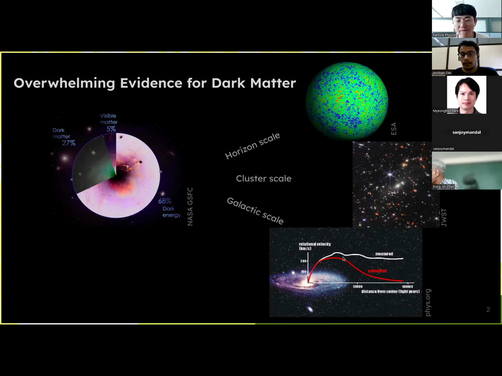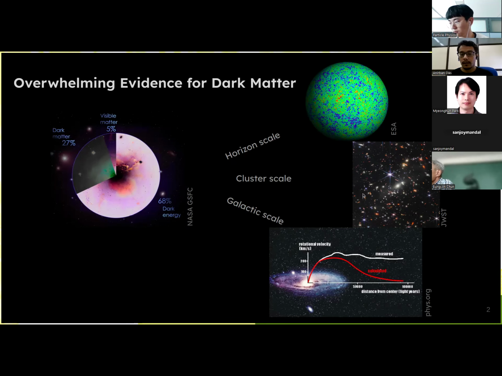But from observation, we see a very different curve. The curve saturates to a constant value at large distance. So this means there is a missing mass. More gravitating mass is there in our galaxy.